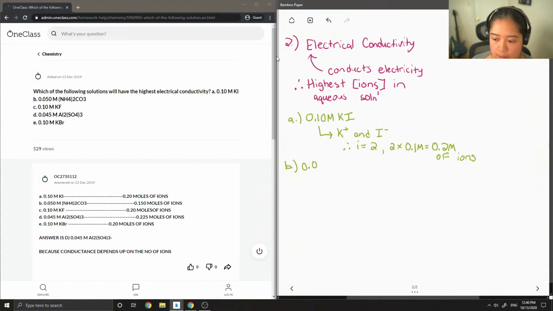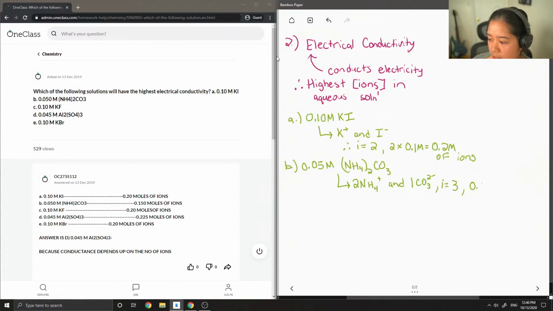Then we can do the same thing for B. B is 0.05 molar ammonium carbonate. I'm going to calculate the number of ions. There are 2 NH4 plus ions and 1 CO3 2 minus. This gives us 3 ions in total.